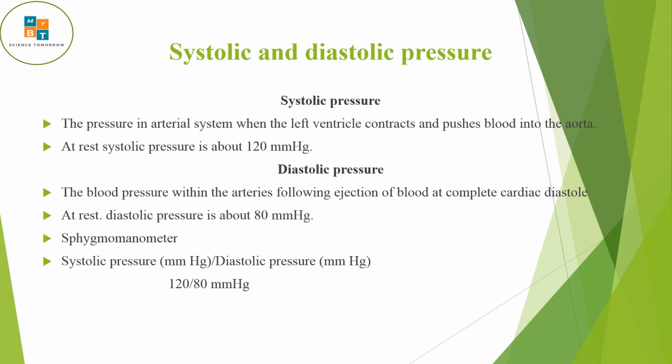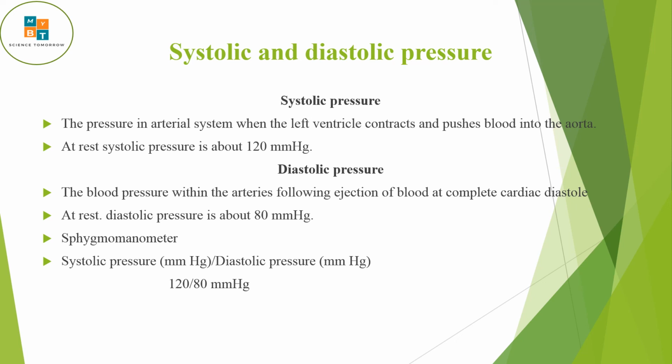You call it the systolic blood pressure when the left ventricle is contracted. Normally, it is about 120 millimeters of mercury. And the diastolic pressure is the blood pressure within the aorta following ejection. After the ejection, the blood goes into the aorta and the valve is closed at that moment.